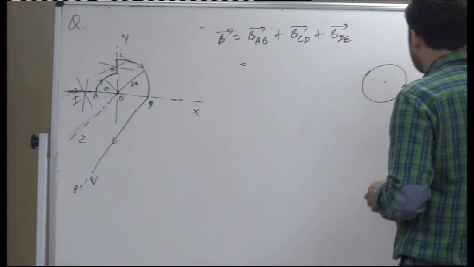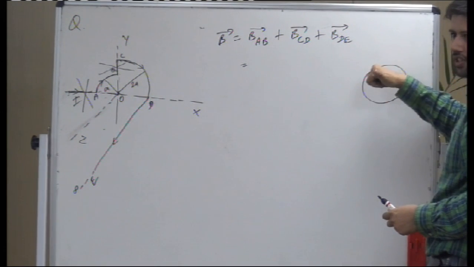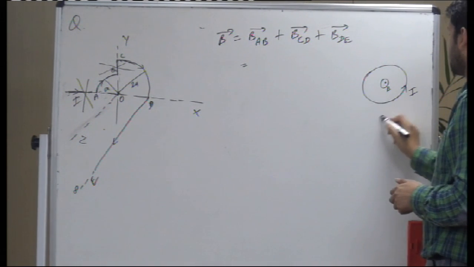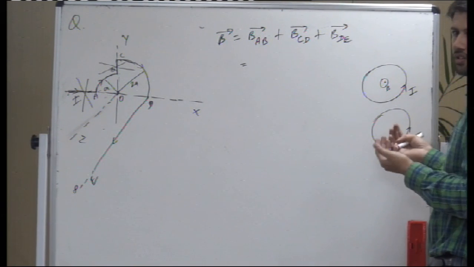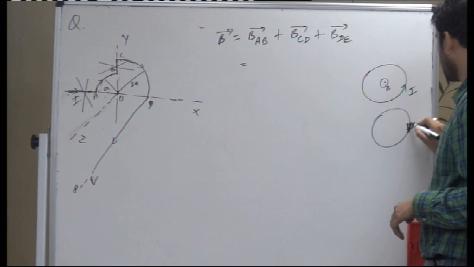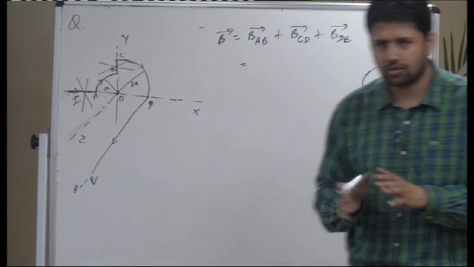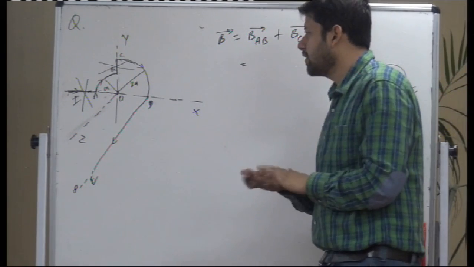You curl your fingers along the current, and the thumb gives the direction of the magnetic field. So for anti-clockwise current, the direction is outward, and for clockwise current it is inward. So this you already know, right? I just give a recap.